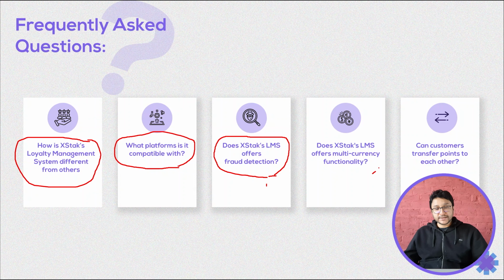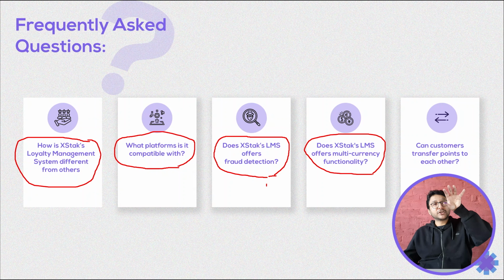The next question is, does XStak's loyalty management system offer multi-currency functionality? Yes, we do. You're able to create extremely comprehensive hierarchies representing your real world business. For example, you may have a regional business, with one unit operating in North America, one in the EU, and one in the Middle East.